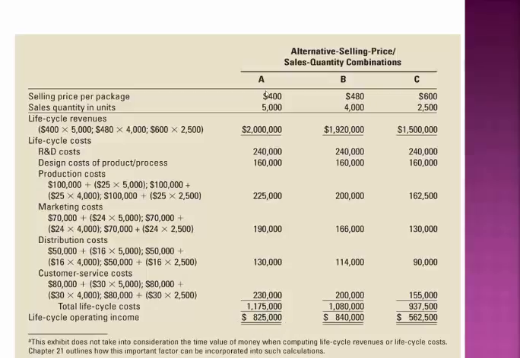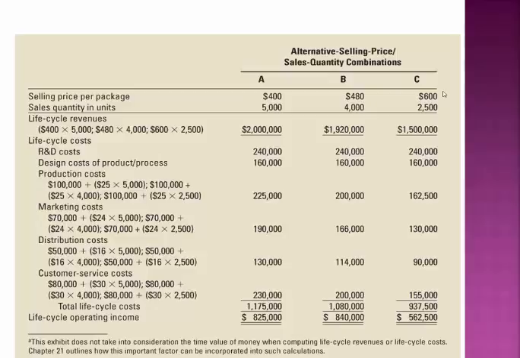That's under scenario A. We can do the same thing if we reduce the quantity by 1,000 units because we're going to be selling them for a more expensive price. We can recalculate the revenues, utilize the variable cost per component times the number of units plus the fixed cost, and we come up with an operating income for the life cycle under scenario B of $840,000.